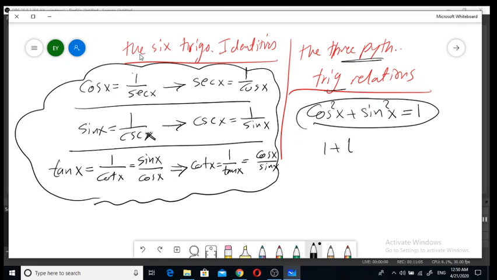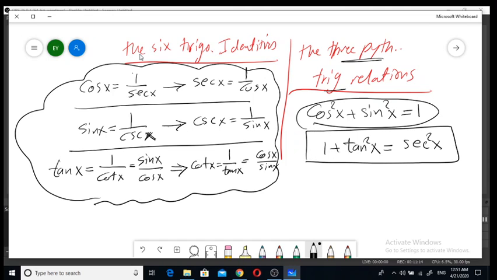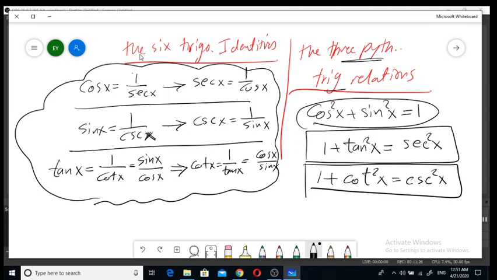And 1 plus tan squared x is equal to sec squared x. And 1 plus cotan squared x is equal to cosec squared x. So we have to memorize these relations because we are gonna use these relations in solving integral problems.